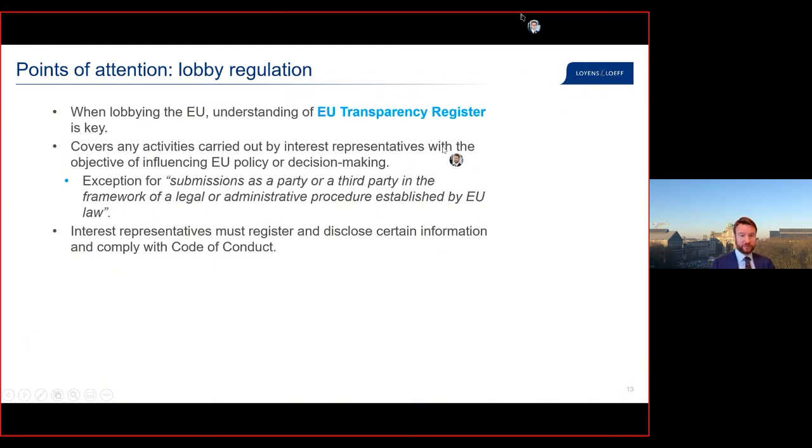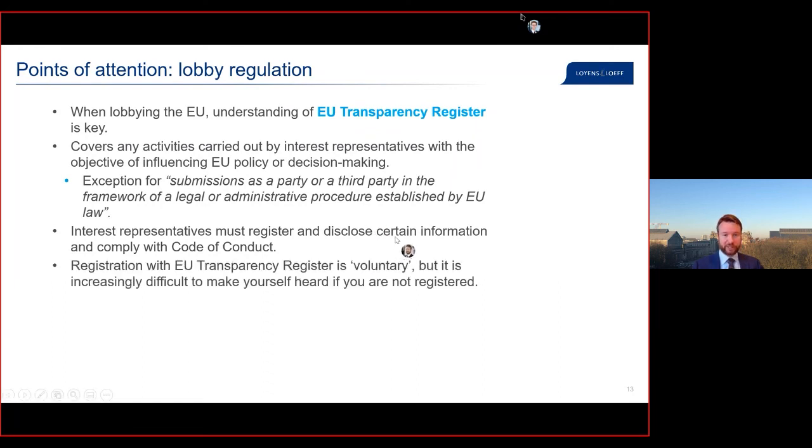Registered interest representatives must disclose certain information about their lobbying activities: the topics they are lobbying on, the resources they use, such as the number of people involved in these activities, and also the amount of money they spend on lobbying.